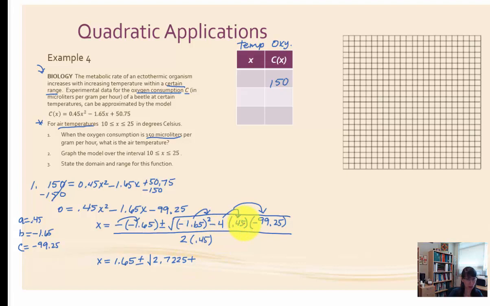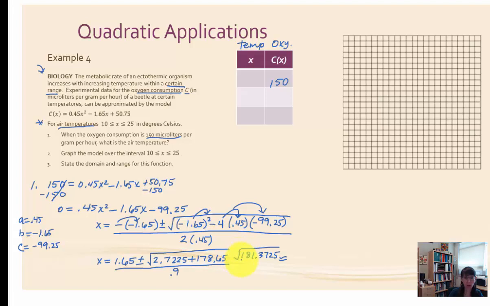If we multiply those three factors together, we'll have 178.65. In the denominator, 2 times 0.45 gives us 0.9. If we go ahead and simplify this radical by adding these numbers, we're going to have 181.3725.